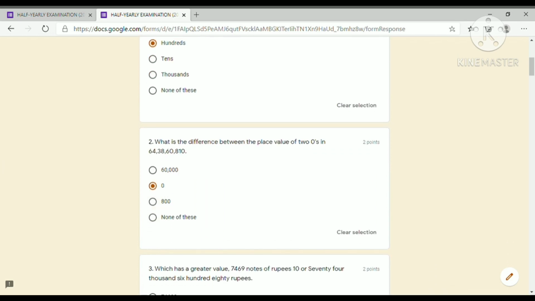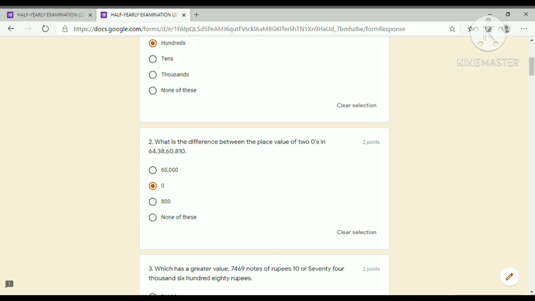Okay, now move on to the next question. Which has a greater value, 7469 notes of rupees 10 or 74,680 rupees? See, the question is which has a greater value. Now, if you multiply 7469 notes of rupees 10, how many rupees does it become? It became 74690 rupees, and we are comparing it with the other one, which is 74,680 rupees.